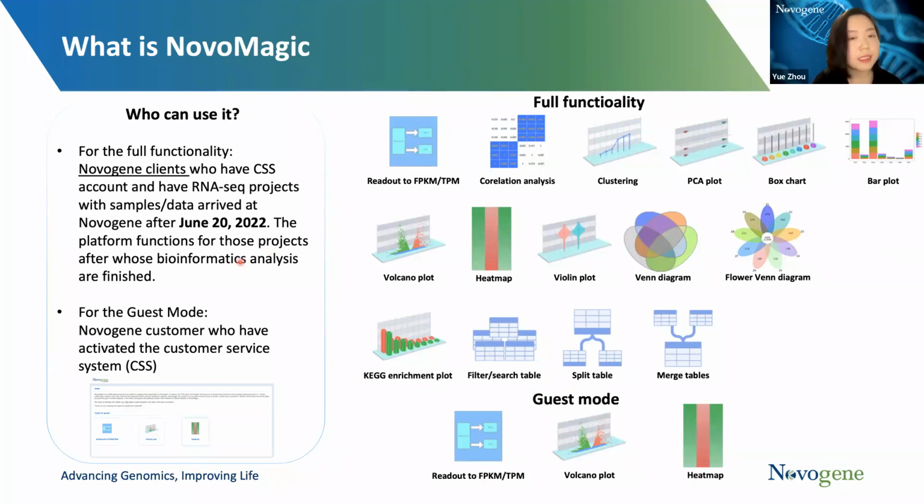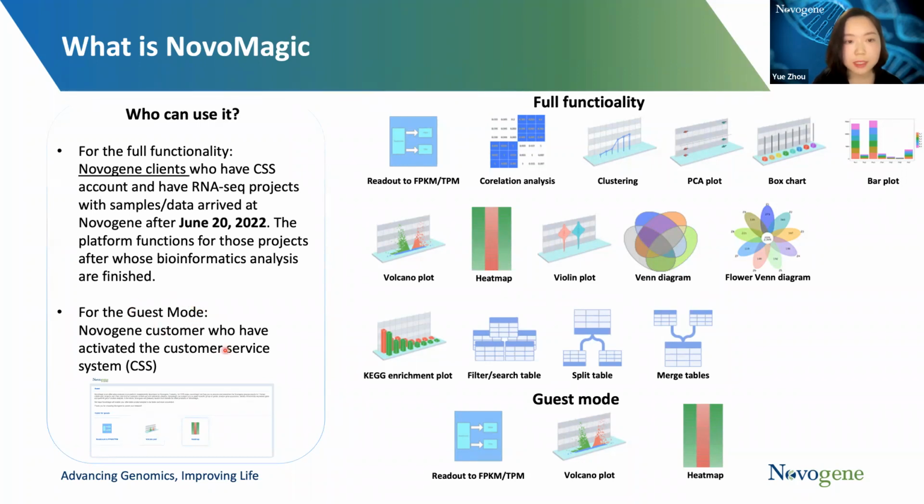But in more detail, let's have a look at who can use the full functionality. It's for Novogene clients who have CSS accounts and have RNA-seq projects with samples or data that arrived at Novogene after the 20th of June this year, and the NovoMagic platform functions are available for those projects after their BI analysis is finished.